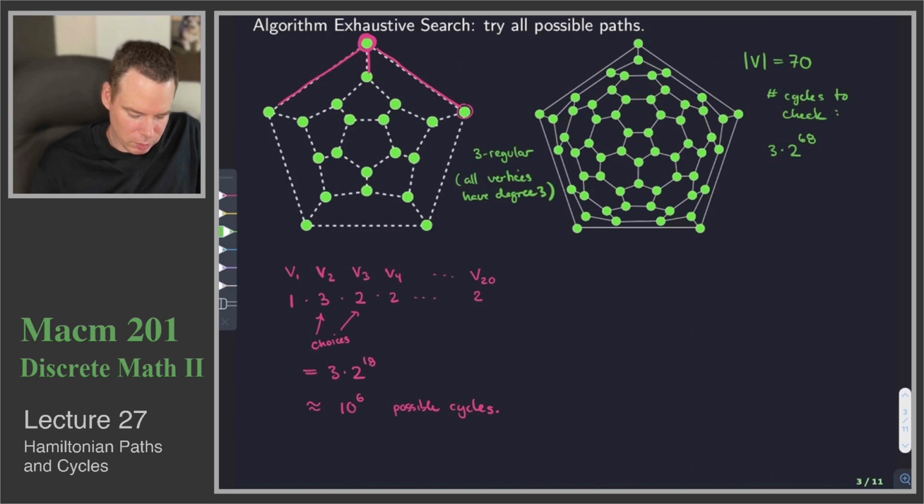And we see in general that as we change the graph, add more vertices, the number of cycles to check is growing exponentially. So this is exponential. So an exhaustive approach is not going to be of much help for us. There's just too many things to check. So how are we going to decide whether a graph has a Hamilton path or a Hamilton cycle? Is it the same as we had with Euler circuits and Euler trails, in that maybe we have a criteria?